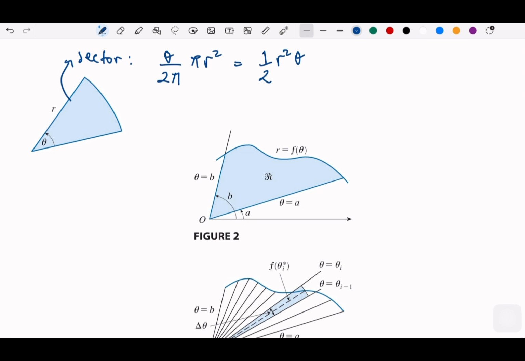So now we have these endpoints, a to b. Okay. And then let's slice up all the area according to the center, which is the origin. So we're going to have this.